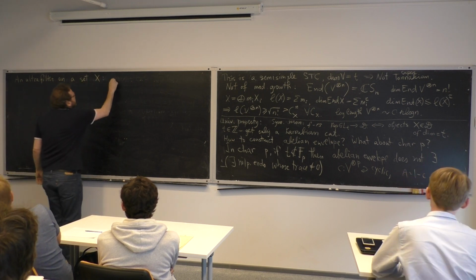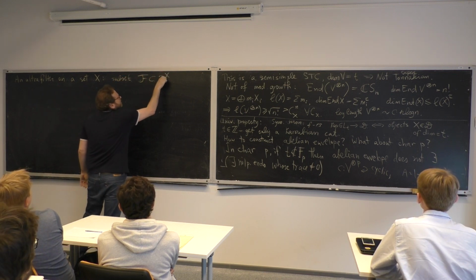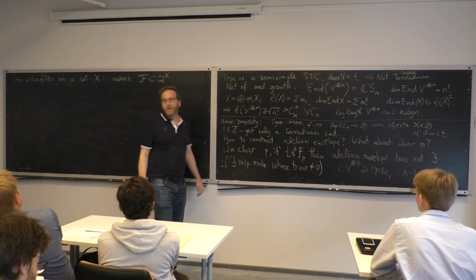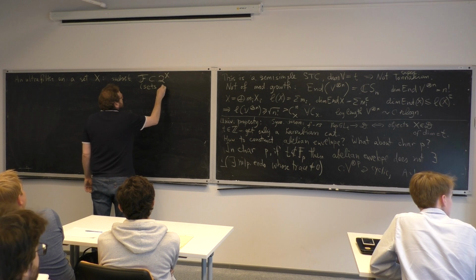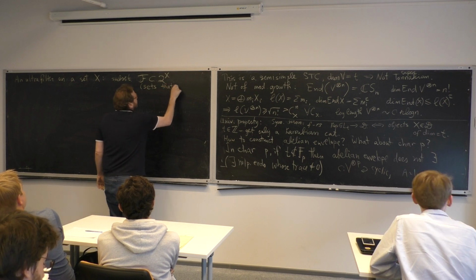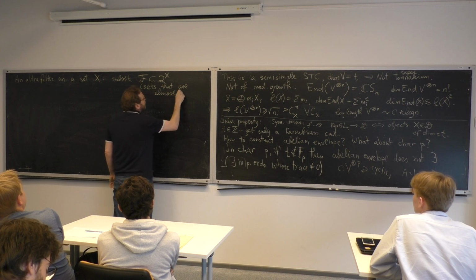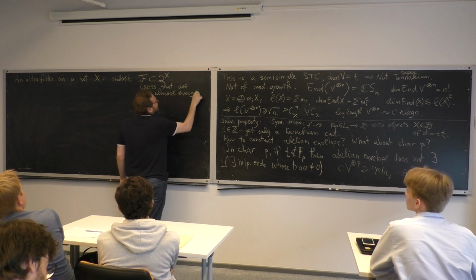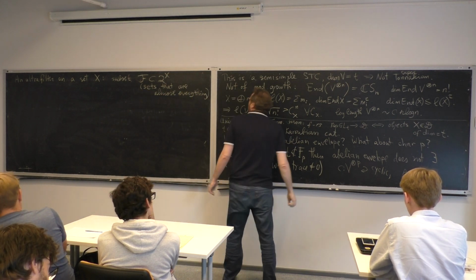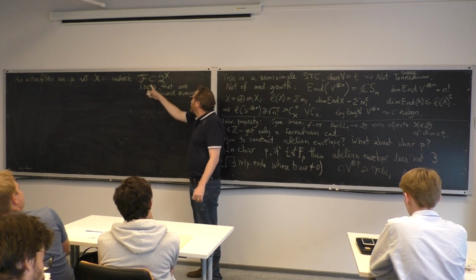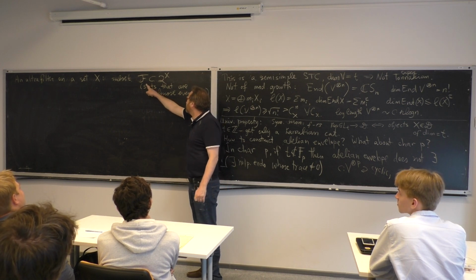It is a subset F in 2 to the X, a set of subsets of X. These are going to be sets that are almost everything. So when we say something holds almost everywhere on X with respect to F, that means that the set of points where it holds is an element of this F.